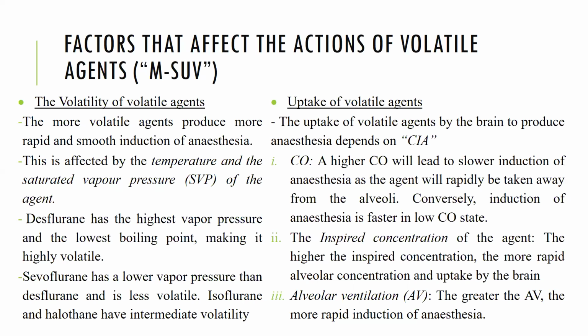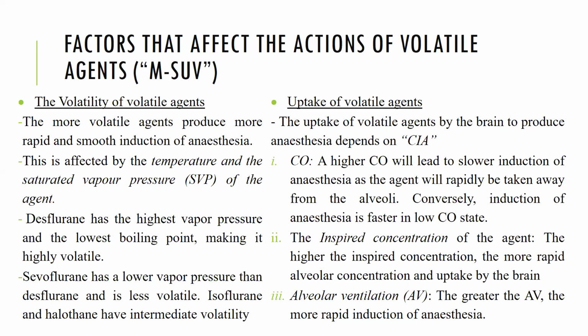Desflurane, for instance, has the highest vapor pressure and the lowest boiling point, which makes it highly volatile. That is why it has an ultra short, rapid, and smooth induction. But that property also has its own limitations, as we will see as we proceed. Sevoflurane has a lower vapor pressure than desflurane, and thus is less volatile, while isoflurane and halothane have intermediate volatility.